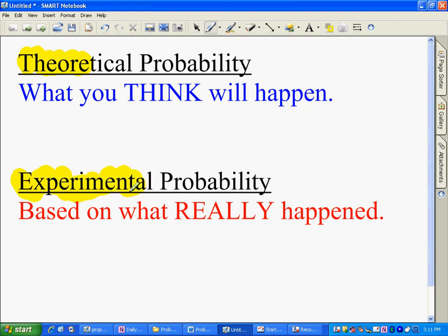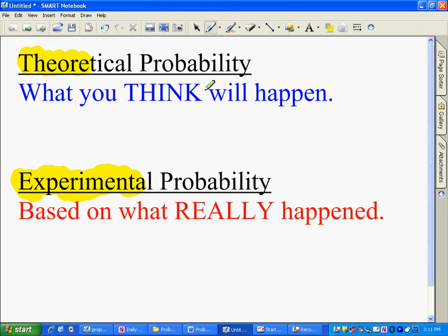And if you think about it, you've got the word experiment there. So if you actually perform an experiment, and I'm talking about like flipping a coin, spinning a spinner, rolling a number cube, those kinds of experiments, experimental probability is based on what really happened. Now, also what I want you to realize is that theoretical probability and experimental probability are different.